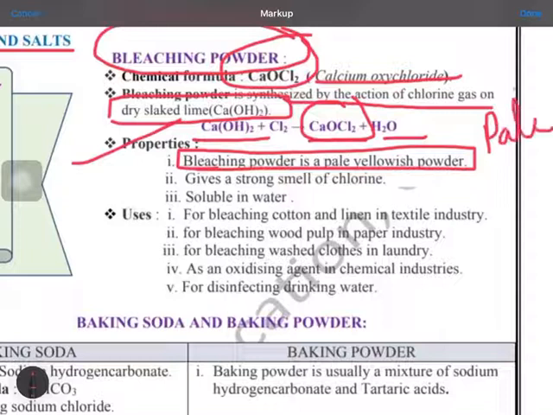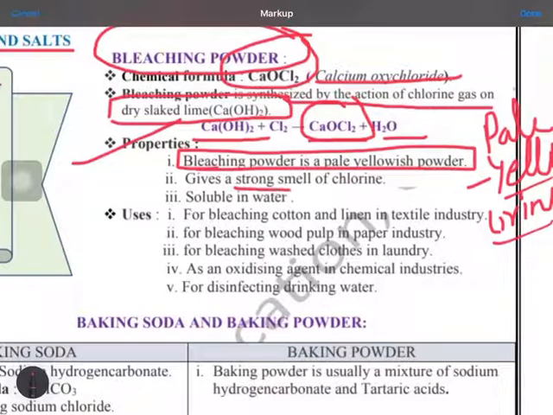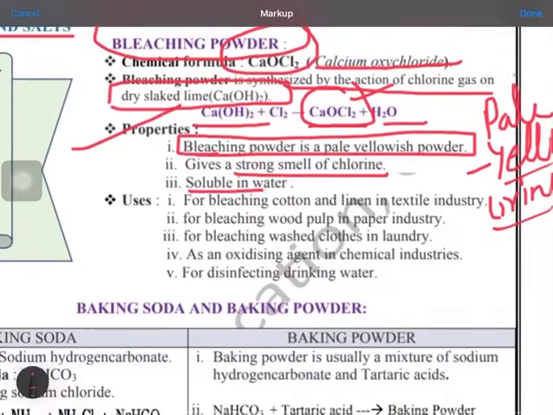Pale yellowish color, if you compare, is like the color of urine or bile juice. It has a strong smell of chlorine because it has chlorine atoms. It is easily soluble in water. If you dissolve it in water, a solution can be made of this bleaching powder.